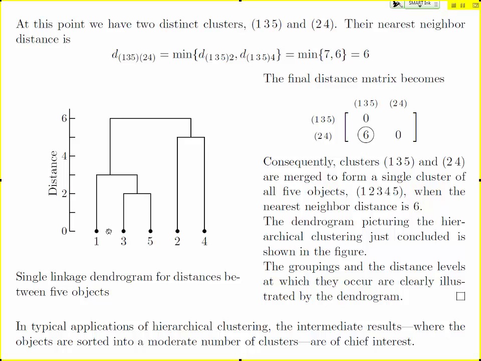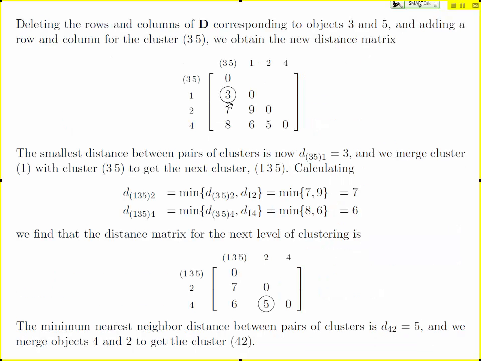Step 2 was to group 1 in with 3 and 5. So this join event happened, and the distance involved in that join event, the distance between item 1 and the cluster 3, 5, was 3. So that's the 3 right there.